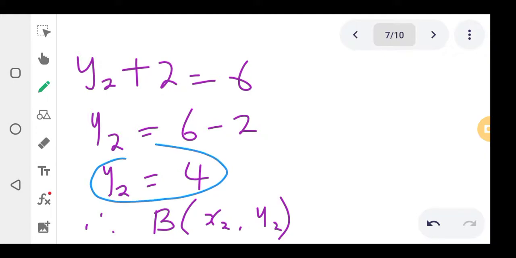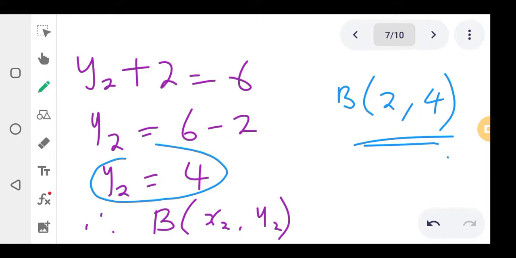So the B coordinate, x2 comma y2, is 2 comma 4. That's how you do it, guys. Have you seen? This is the point that we're looking for. So use the formula, you label it x and y and so on, and then you substitute in the formula. So that's the first example. That's how you do it.